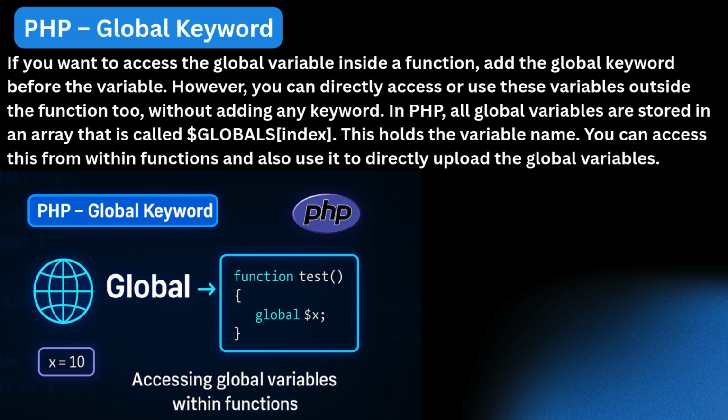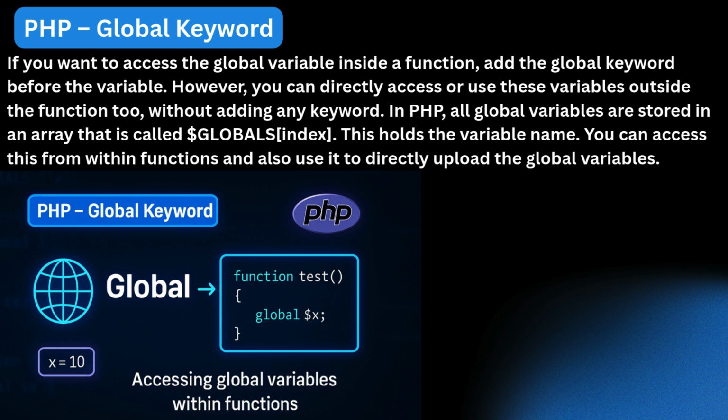But if you write function test, global $x, echo $x, now $x becomes available inside the function. When you call test, PHP will correctly print the value of $x, which is 10. In simple terms, adding the global keyword connects the local function scope to the global variable defined outside it.